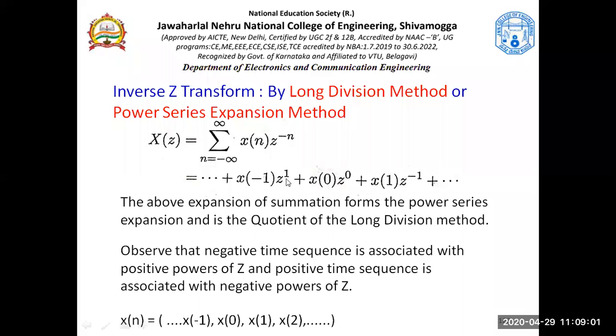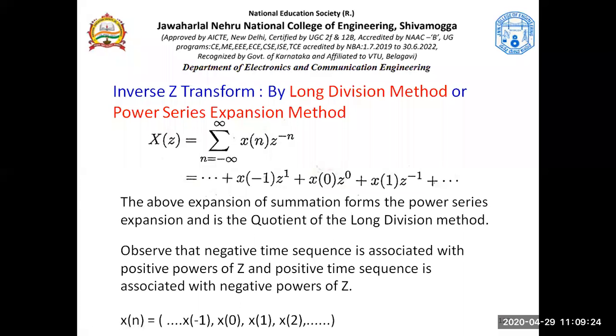If you have a positive power of z, that is z power 1, that is the n equal to minus 1 sample. If there is z to the power minus 1, then the n equal to 1 sample is associated with it. Everybody understand? So this is what I should be trying to obtain.